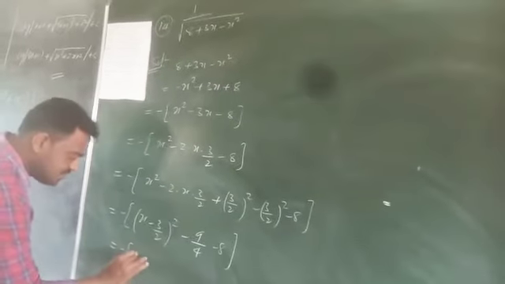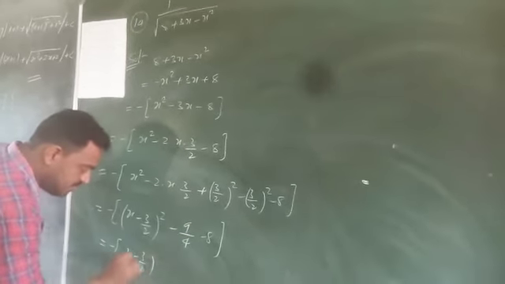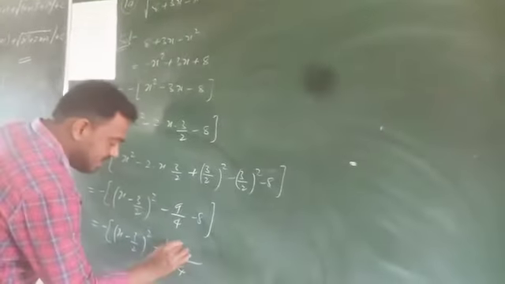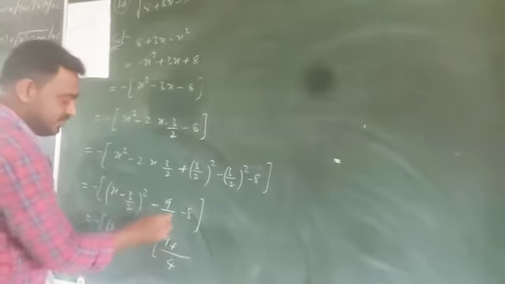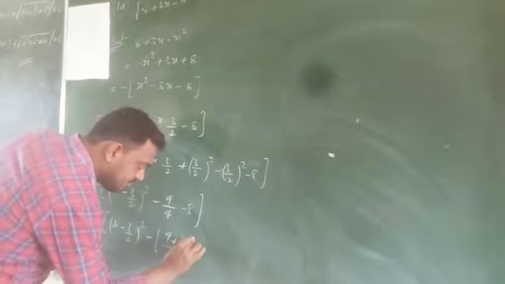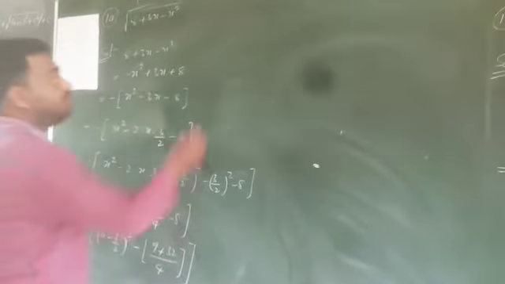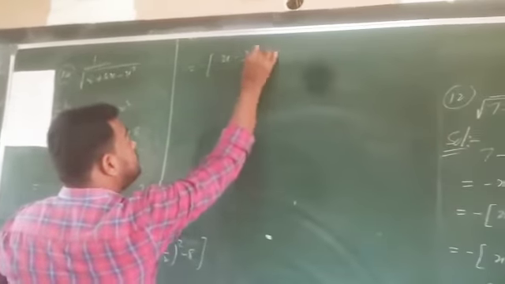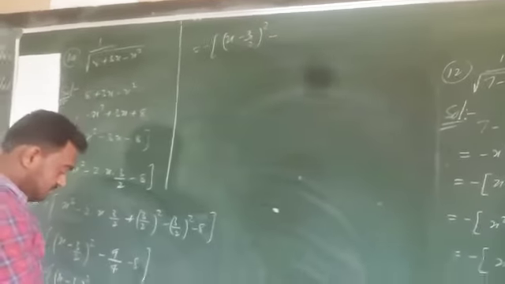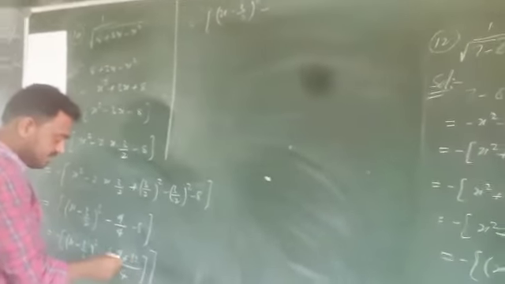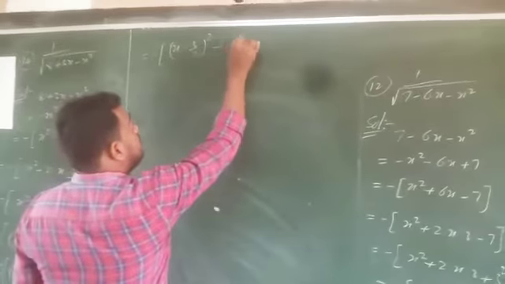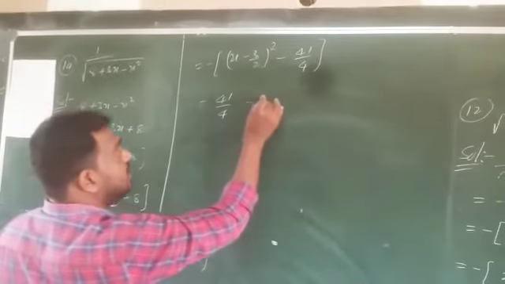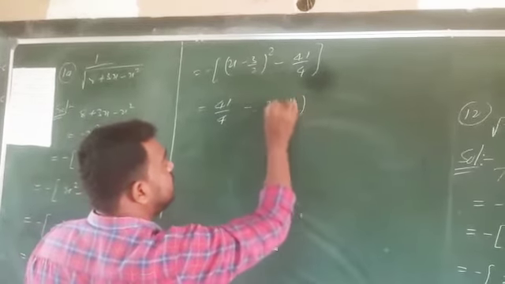This is equal to minus of x minus 3 by 2 whole square minus, with LCM 4, 9 plus, minus common, so plus 8 fours are 32. So minus of x minus 3 by 2 whole square minus 32 plus 9, 41 by 4. Multiply with minus, so 41 by 4 minus x minus 3 by 2 whole square.